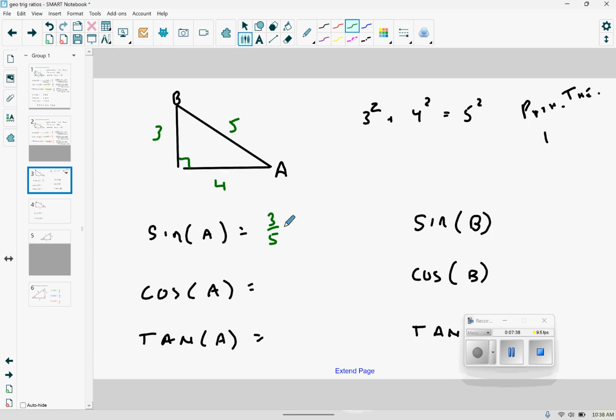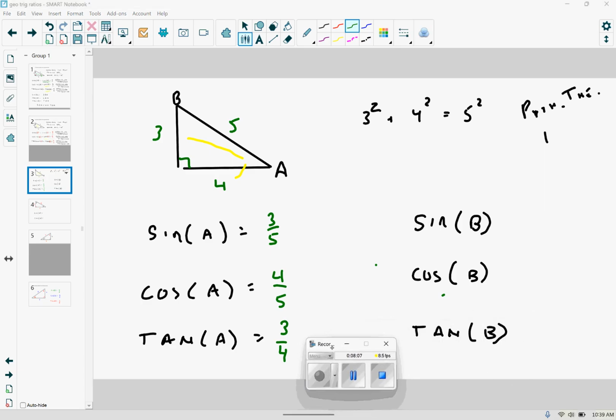The cosine of A is going to be the adjacent leg, which is 4, divided by the hypotenuse of 5. And the tangent of A is going to be the opposite of A divided by the adjacent, so this is going to be 3/4.